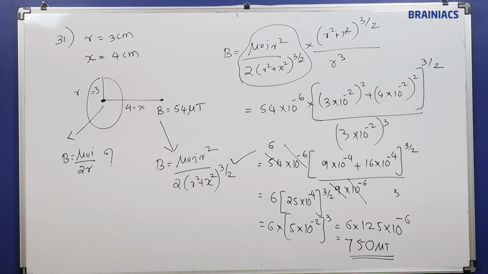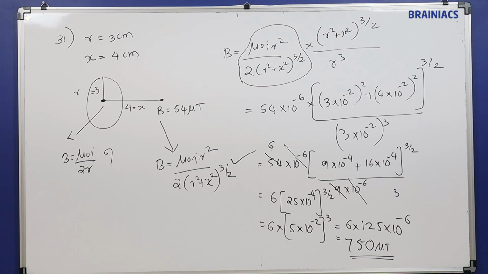Mu 0 I divided by 2r is the magnetic field induction at the center of the coil. Mu 0 I r square divided by 2 into r square plus x square whole power 3 by 2. Now we have substituted x square plus a square whole power 3 by 2. I converted everything to SI system.